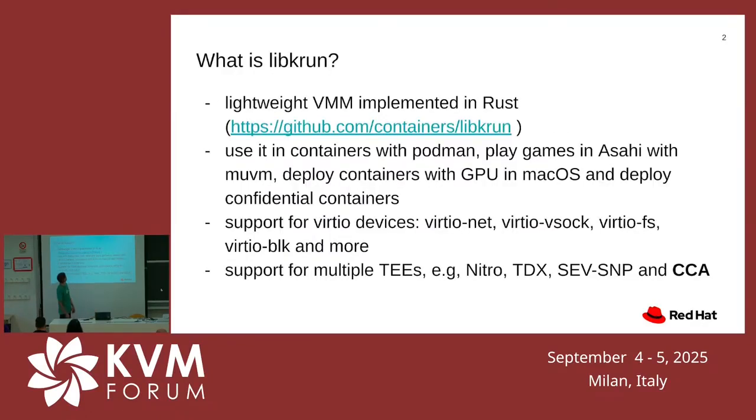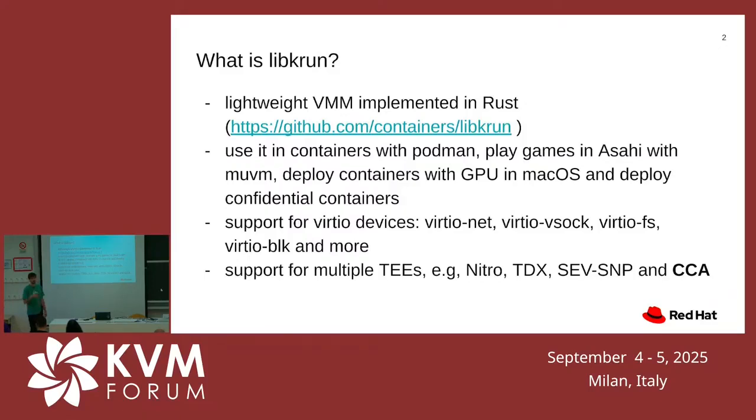I would like to start by first talking about Libkrun, which maybe you already know. It is a virtual machine monitor for lightweight VMs. It is written in Rust, and it's currently used in different use cases. For example, containers with Podman, playing games in Asahi with it, deploying containers with CPU in macOS, and also deploying confidential containers.